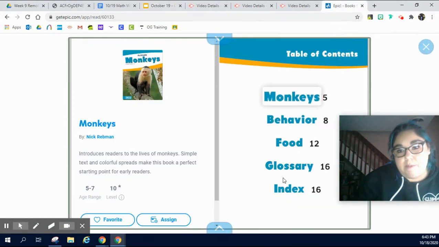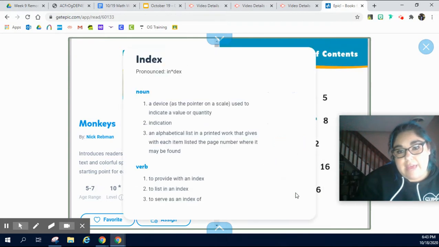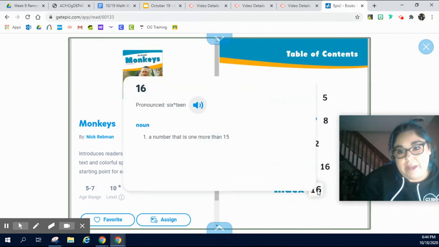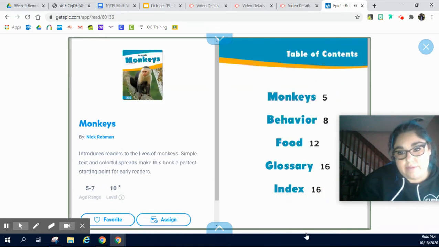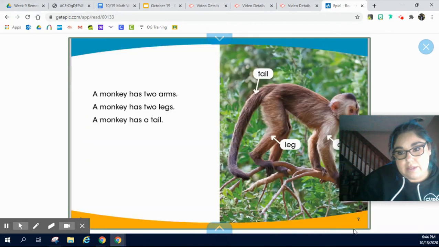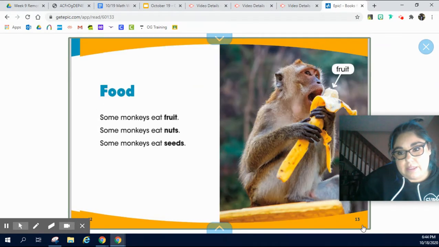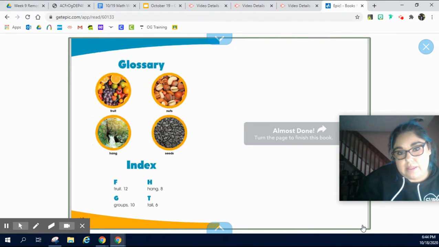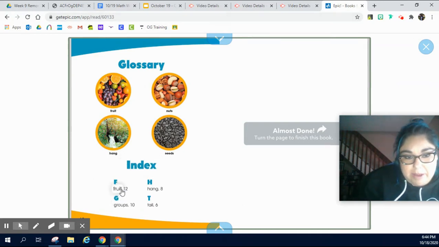If we go to page 16, this is the index, and it gives us big keywords. It tells us what page those things are on, and it's in alphabetical order, okay?